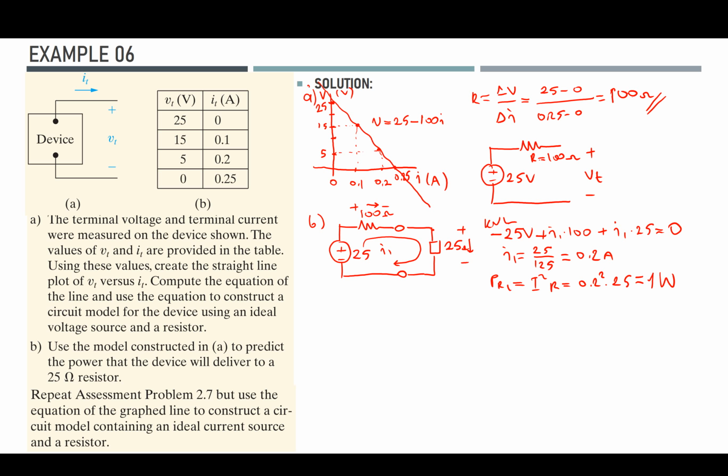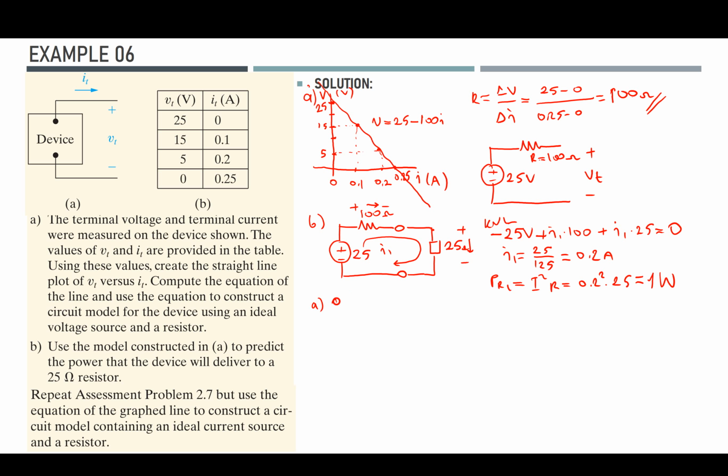Again, it's possible because the same equation can be obtained. If we pull the current, then we can simply write down the line equation.